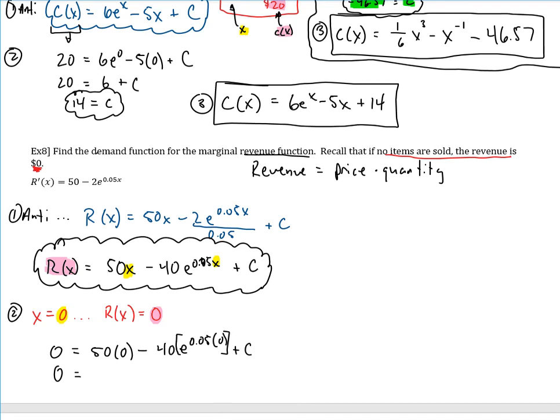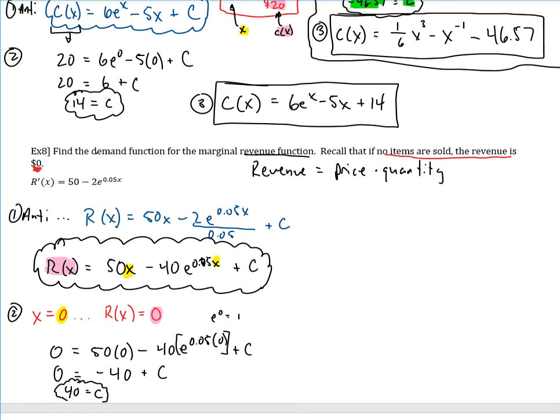Let me just put it in brackets. E to the 0 is 1, so that would times the negative 40, so it is negative 40 plus that random arbitrary constant c. So all I have to do is add 40 to the other side, and we would have 40 is C.